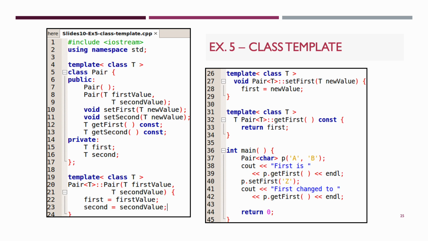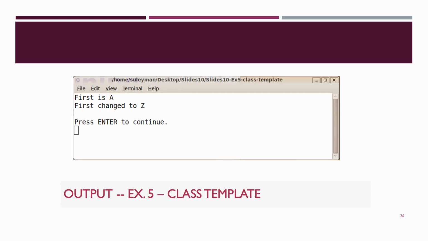The class template allows defining a class where the data type of the members is not fixed until the object is created, making the class versatile and reusable. You'll see this is the output here. First is A, then first change to Z.